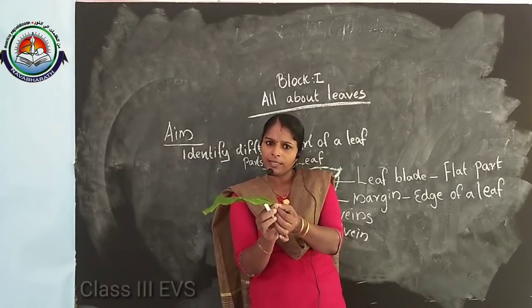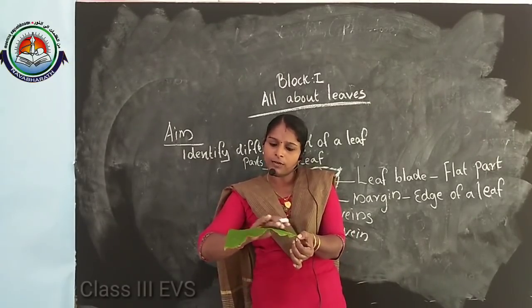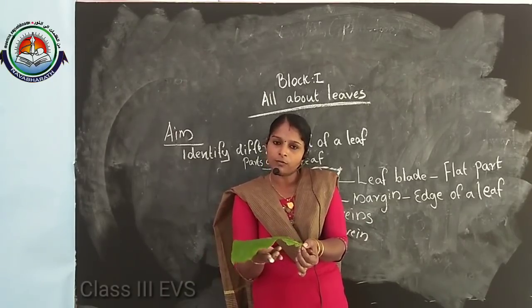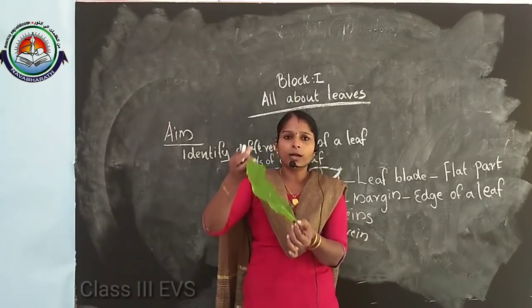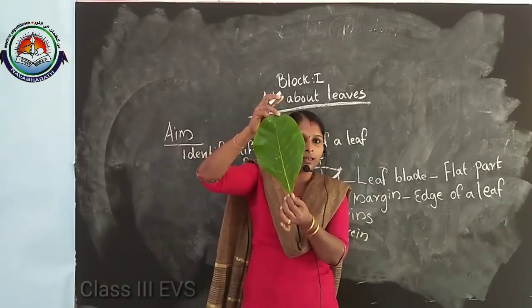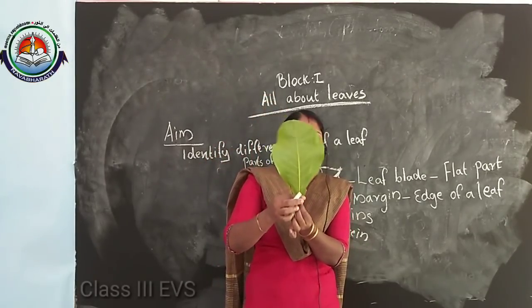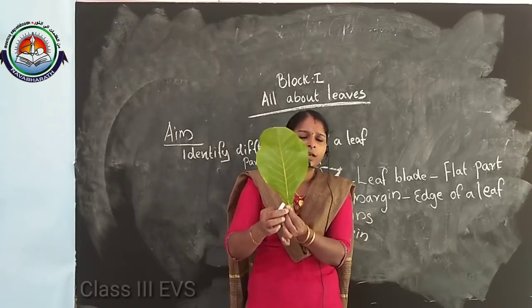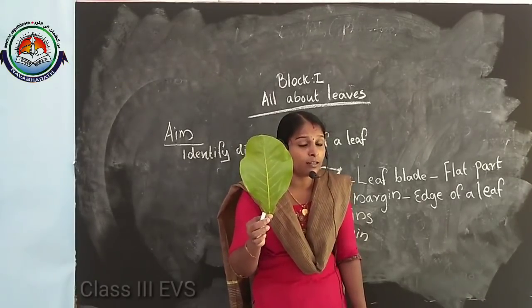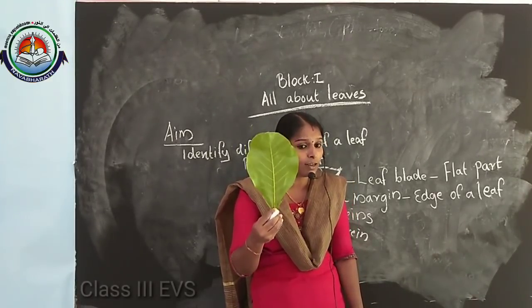So which part will be the upper? This part will be upper and this part will be lower. This is the upper side of the leaf and this is the lower side of the leaf. Can you find any difference between the upper side and lower side of the leaf?